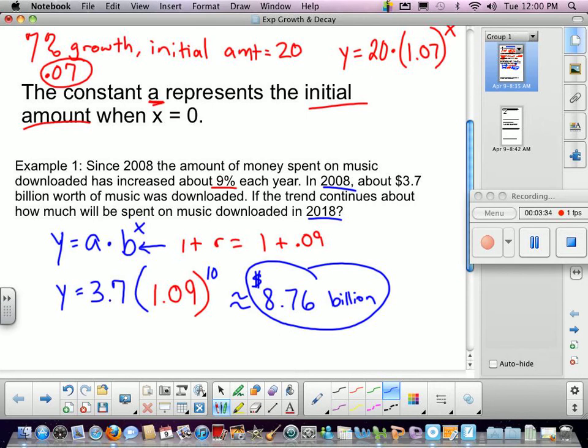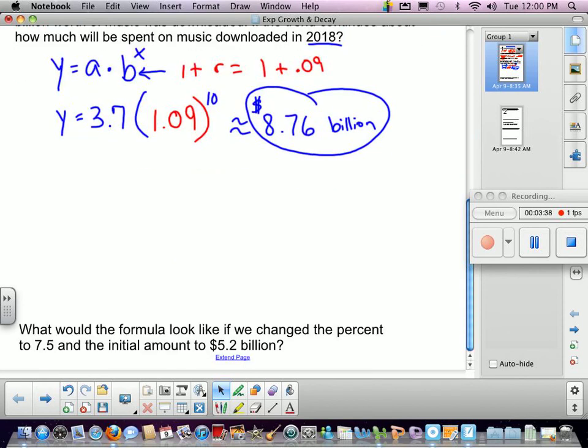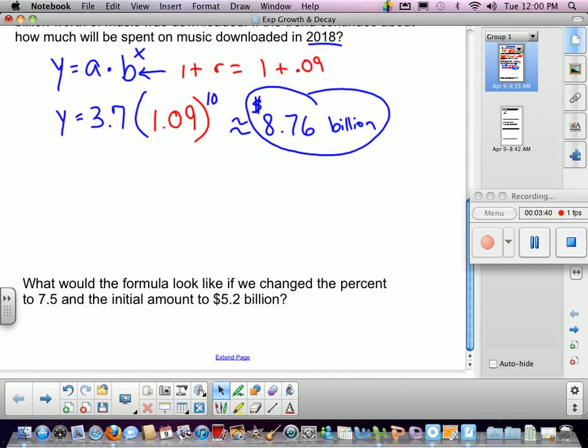Okay, and one other question that I want you to think about for tomorrow. What would the formula look like if we changed the percent to 7.5% and the initial amount to 5.2 billion? So kind of take some notes, think about that, and be ready to discuss that.